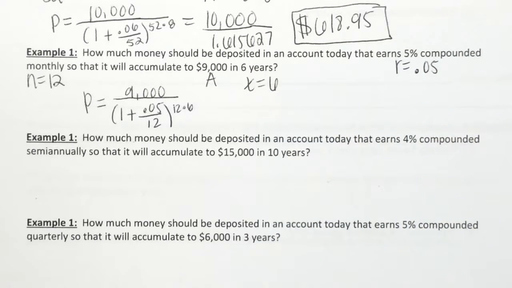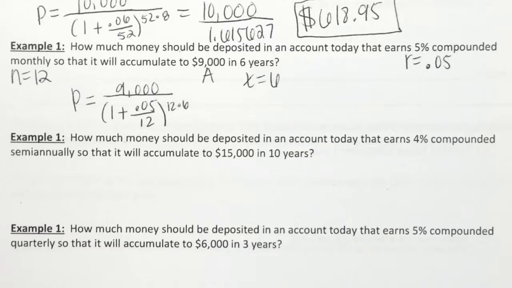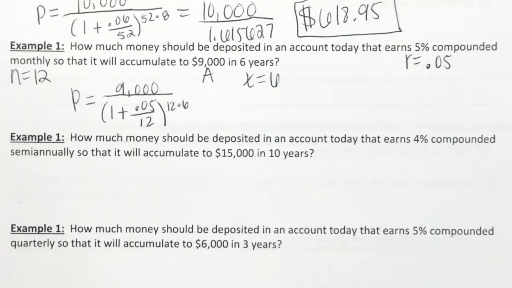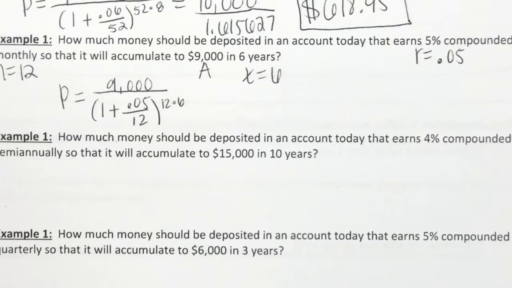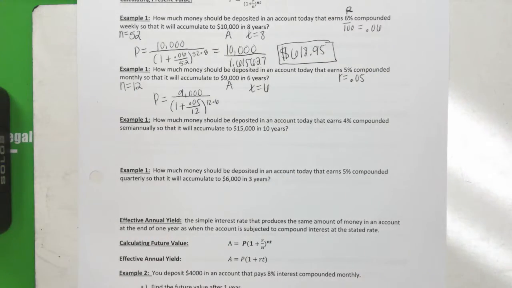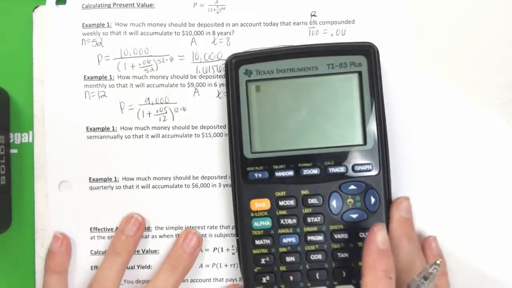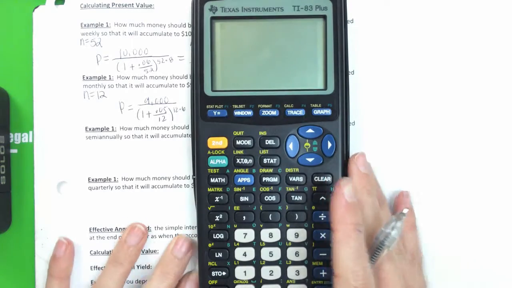And again, I'm just going to show you another way to type it in your calculator just so you'll get familiar. Every calculator is different. Alright, let me zoom out. Sorry. Okay. So I'm going to put the calculator right here so you can see exactly what I'm typing in.